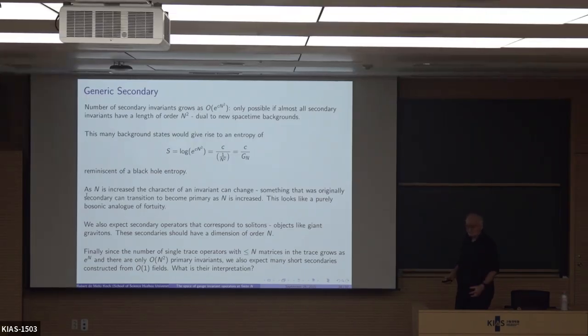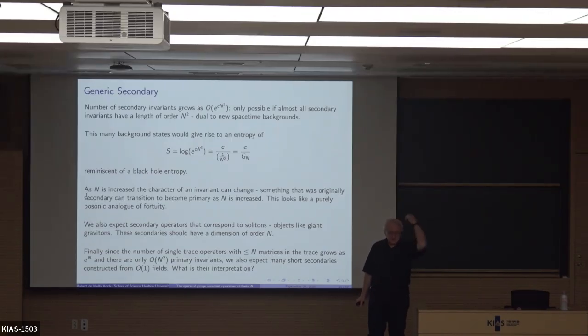Another thing that happens, so Chi-Ming was telling us about black holes, for example, in 1/16th BPS black holes, that at a given value of n, you've got an operator that qualifies as a 1/16th BPS black hole microstate, but at larger values of n, they no longer qualify as a 1/16th BPS black hole microstate.